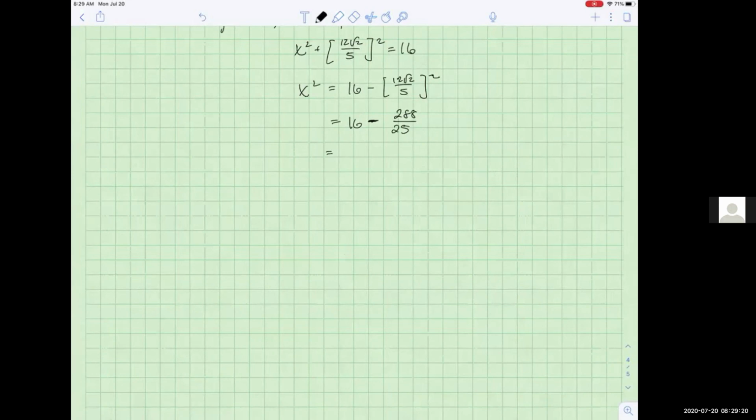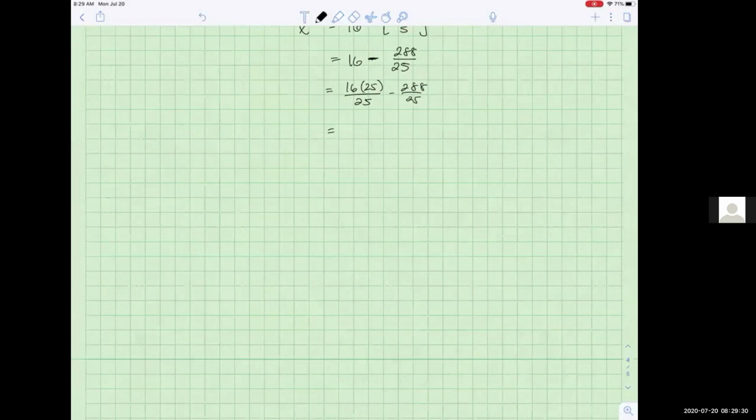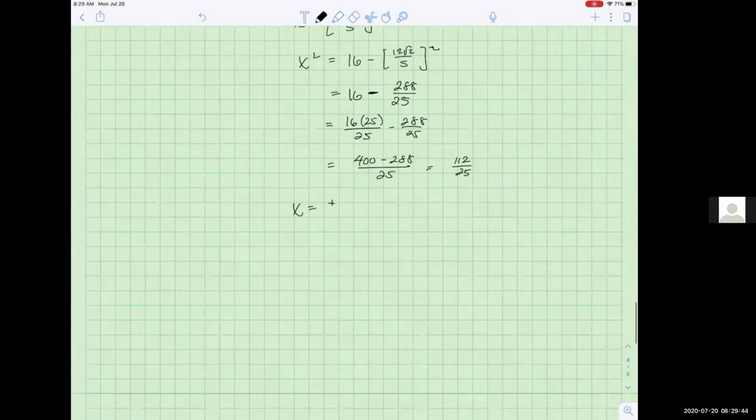If we get a common denominator here, this will be 16 times 25 over 25 minus 288 over 25. And that's 400 minus 288 over 25, which is 112 over 25. So that's what x squared is equal to.